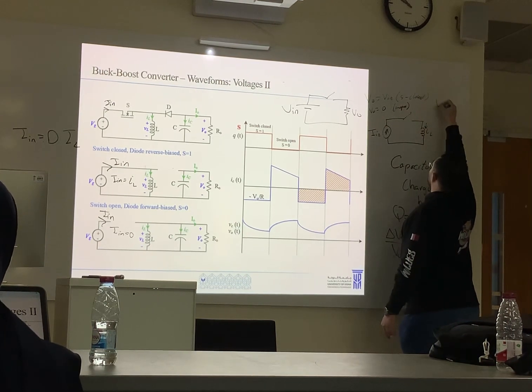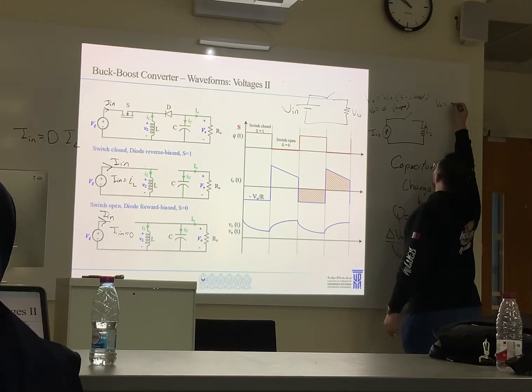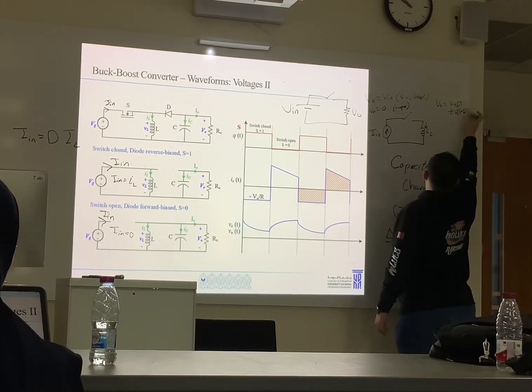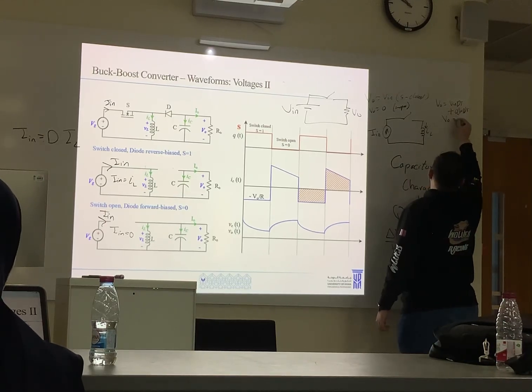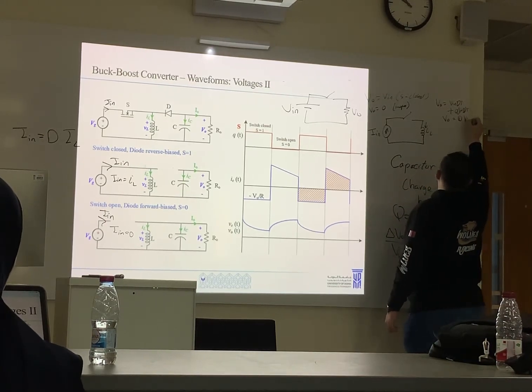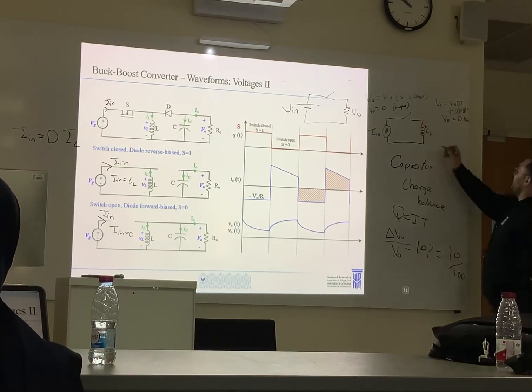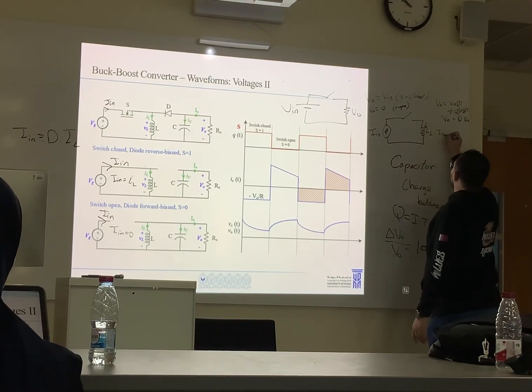So you come to the conclusion that V out equals V in dT plus 0 times (1 minus d)T. So for the average over time, you have to divide by T. You get V out equals dVin. Okay?